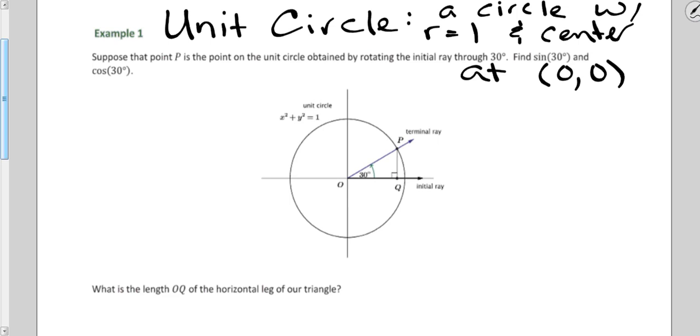What it's going to allow us to do is get an understanding of how trig functions, functions that I use to find the sides of triangles, also help me understand circles. Radius equals 1, and my center is at the origin. So where's this edge right here? If the radius is 1 and the center is 0, 0, where's this edge right here?